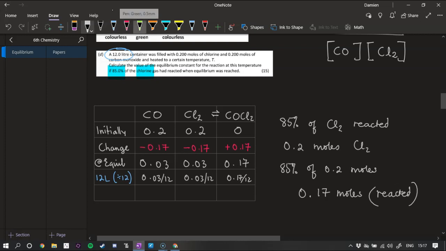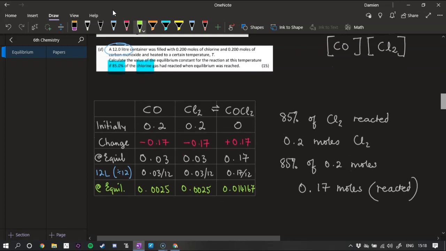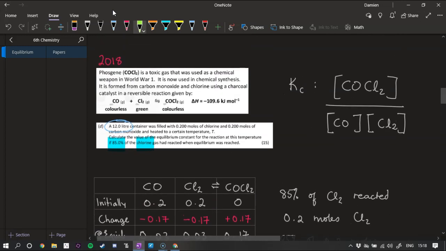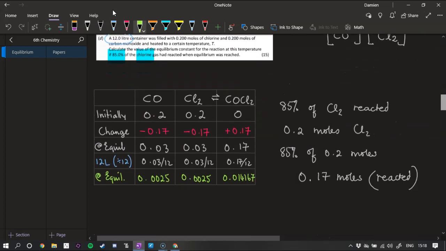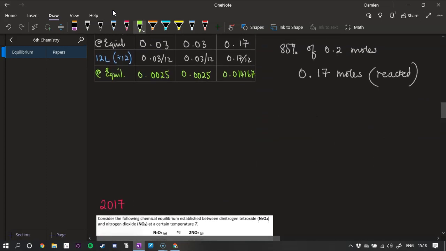And your final numbers at equilibrium in 1 litre are 0.0025, 0.0025, and 0.014167.